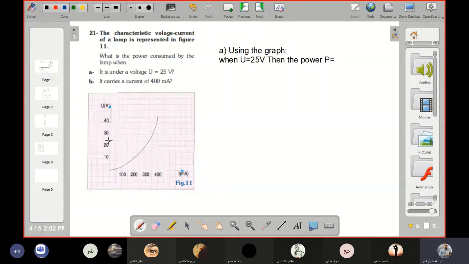We take from 25 volts a horizontal line that cuts the graph at a certain point. What do we do from this point? We take a vertical line to the axis of power.